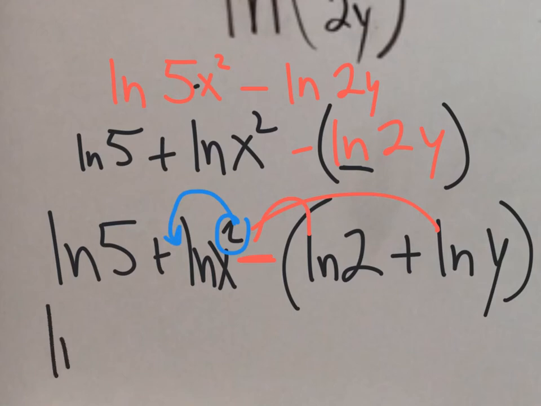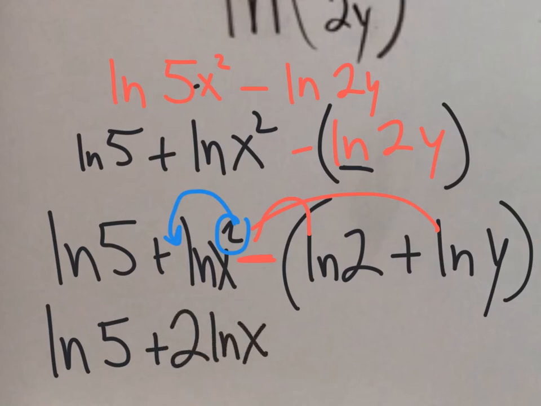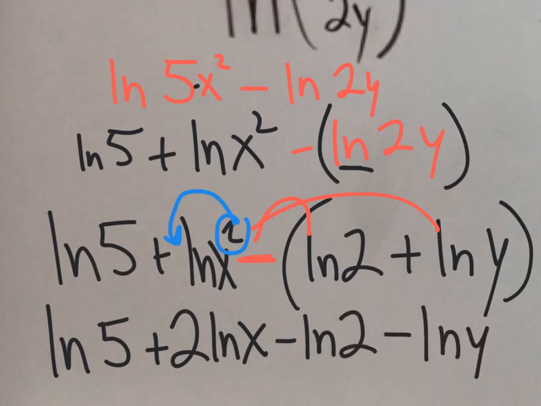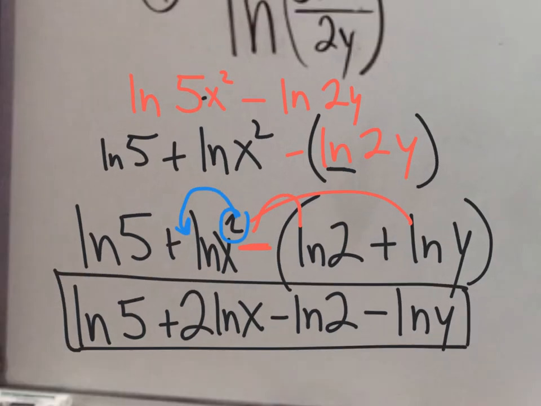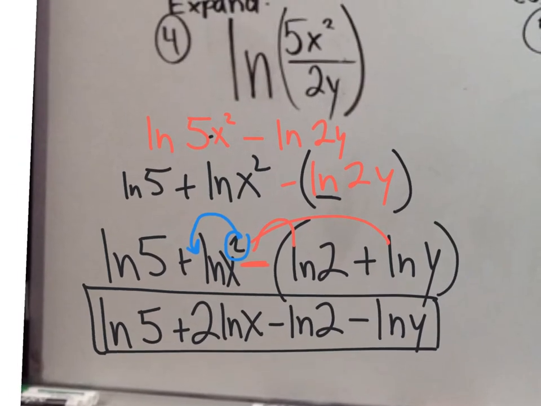It's going to be ln of 5 plus 2 ln of x minus ln of 2 minus ln of y. And that is the final expanded form of the above, which is ln of 5x squared over 2y.